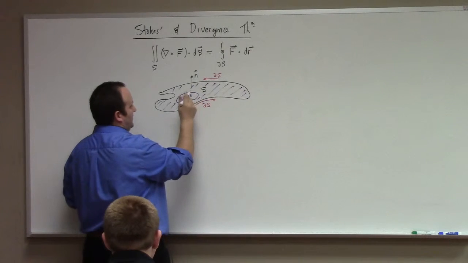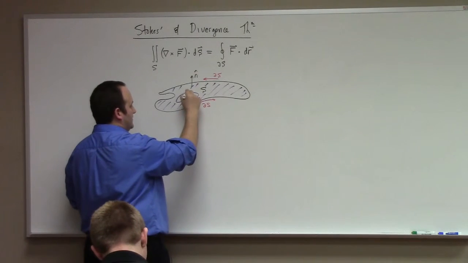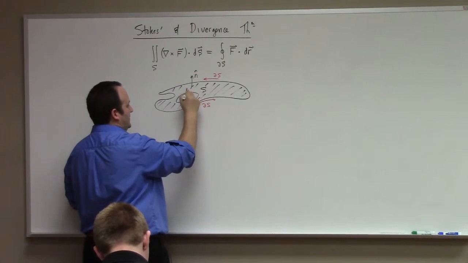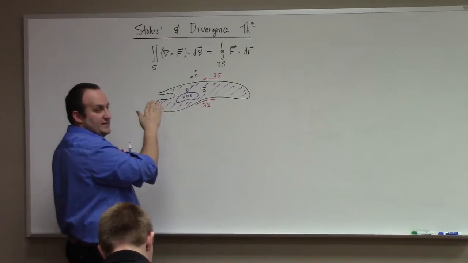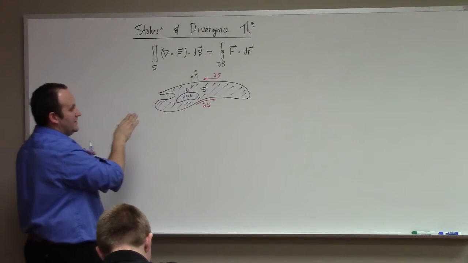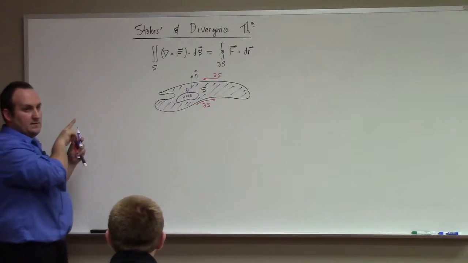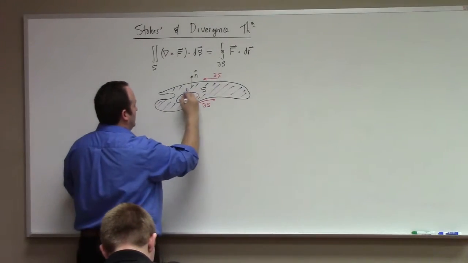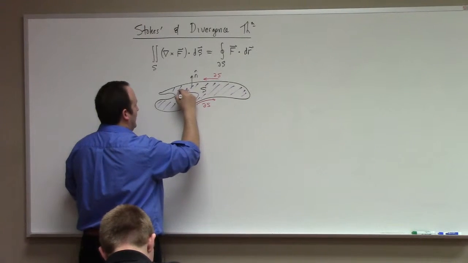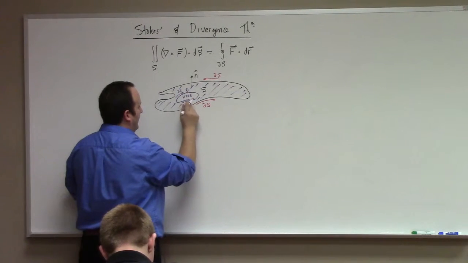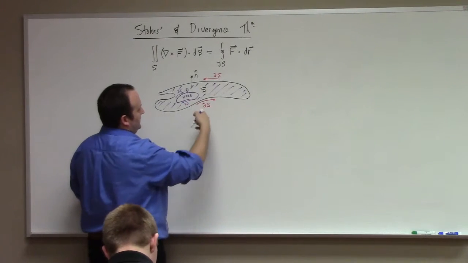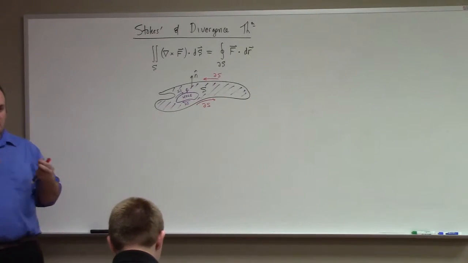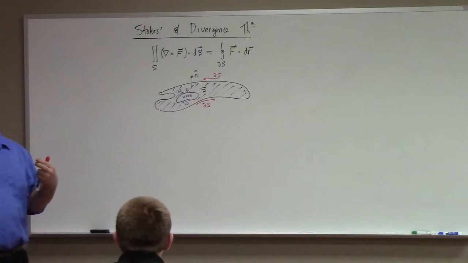So for the inner boundary, imagine a little person walking along the edge of the hole. In order to keep the inside of the surface on your left, which way would you have to walk? In my picture, you'd have to walk the opposite way. So this would be the boundary of S here. If the red outer edge is counterclockwise, then the inner edge would be clockwise, for example.